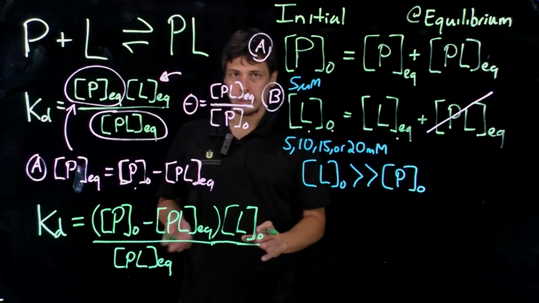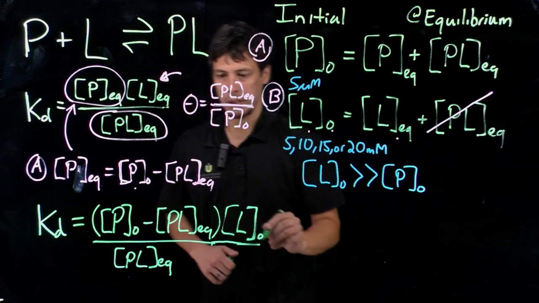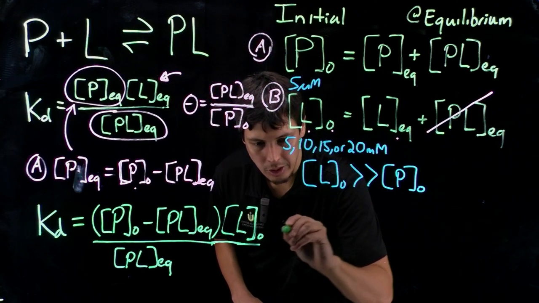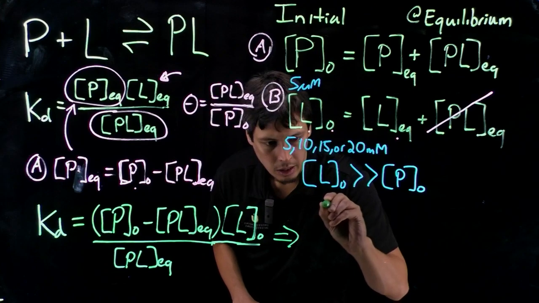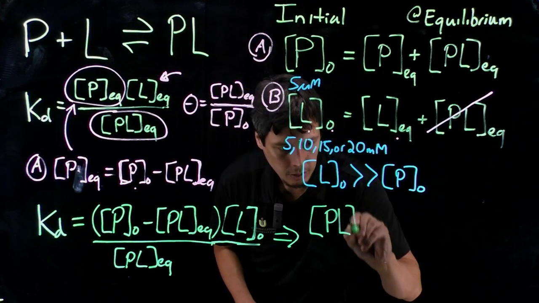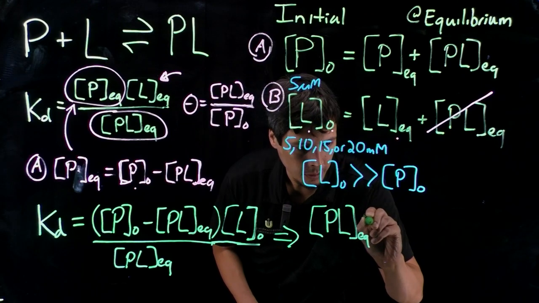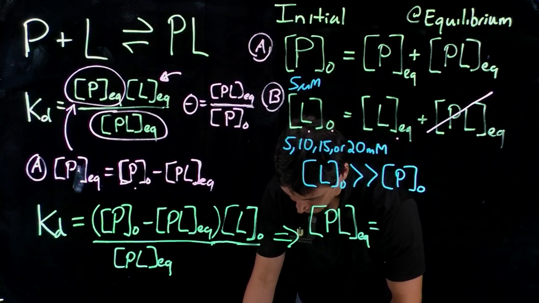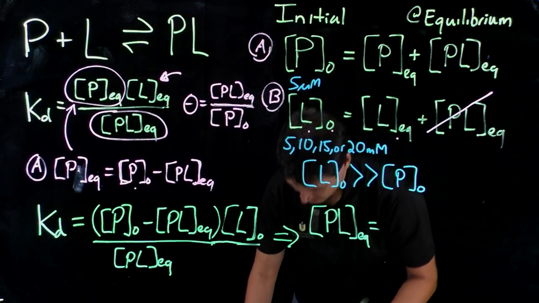And by rearranging this equation so that we solve for PL_eq, what we end up with is an equation that looks like this. PL_eq equals, let me just make sure I have this written down.